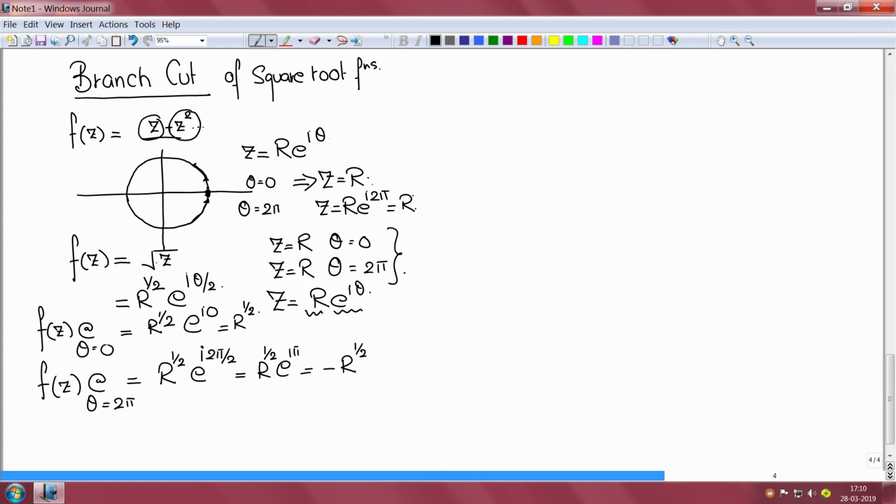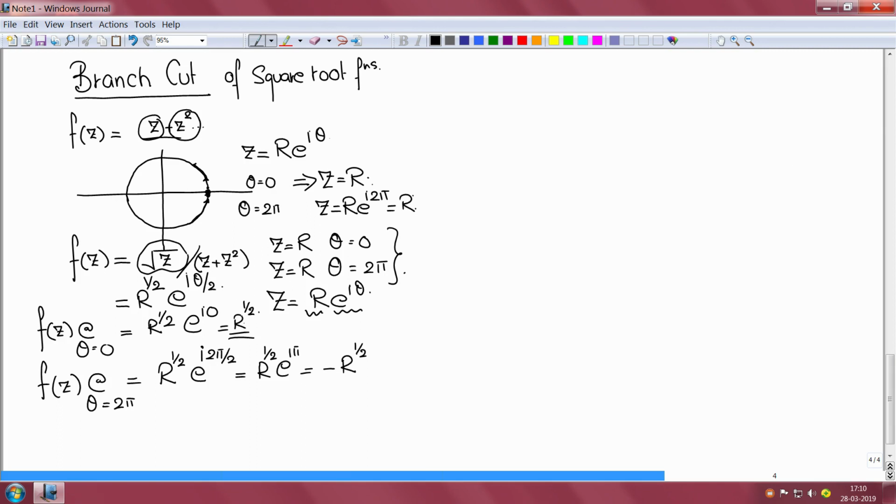So the moment you have square root in this function, maybe along with other forms, let us say the denominator has z plus z square and so forth, but the moment you have square root of z in the function, that part of the function takes a jump. You go around z and come back to the same point, but the function takes a jump.